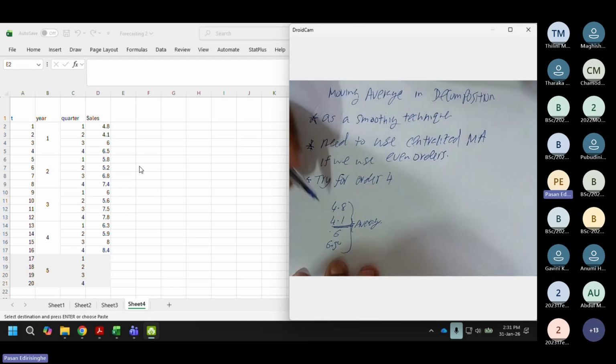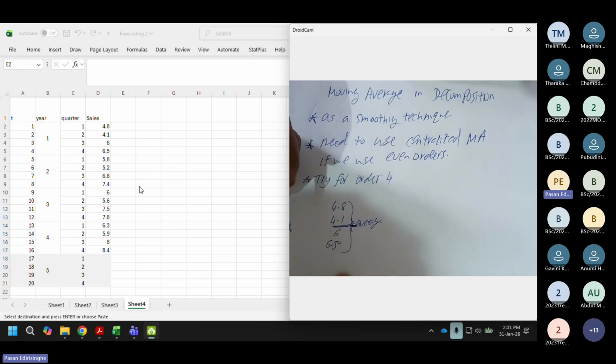So that's not in our observation line. If you want to take that value to what is over here, what we need to do is use that centralized moving average concept. So we take this average, and then the next four observations.